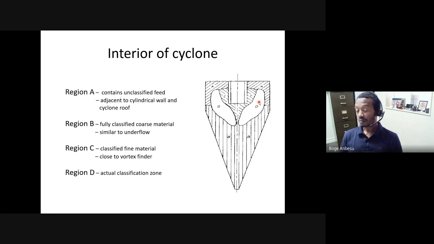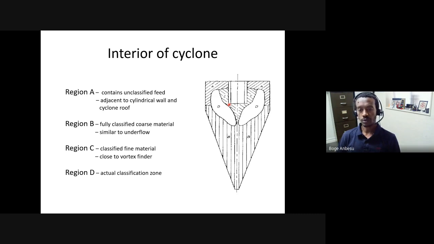And obviously, at some point, you have a situation where you have coarse particles here, fine particles here. So you're talking about a cut size, where if particles are smaller than that size, they will go to the overflow. If particles are coarser than that size, they will go to the underflow. So that cut size is the critical factor that will influence the performance of a classifier.